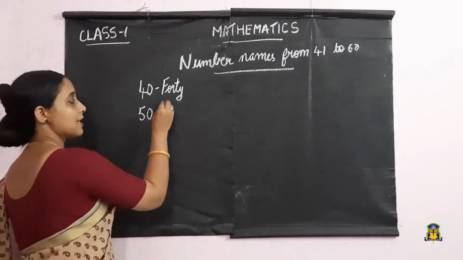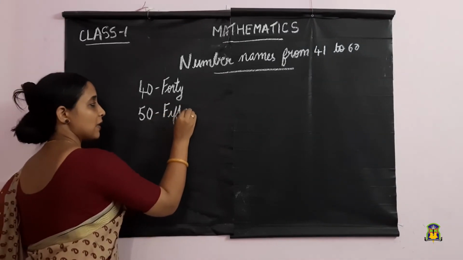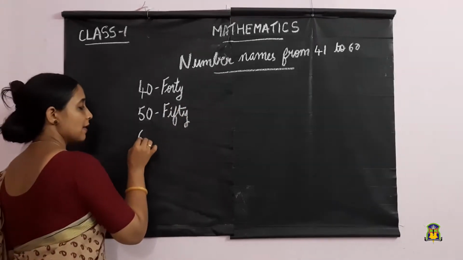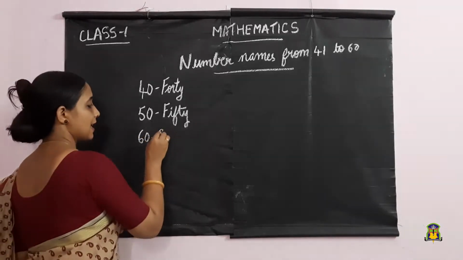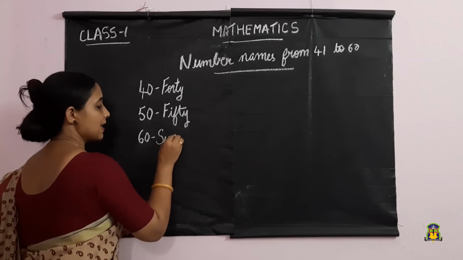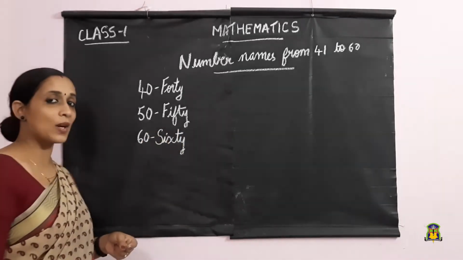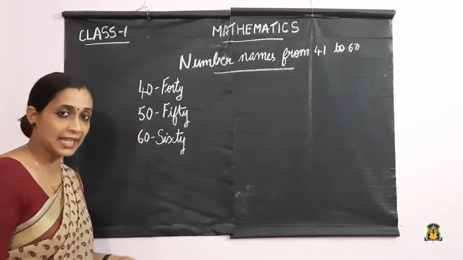Okay, so 50 is F-I-F-T-Y, 50. And 6 followed by 0 is 60. S-I-X-T-Y, 60.